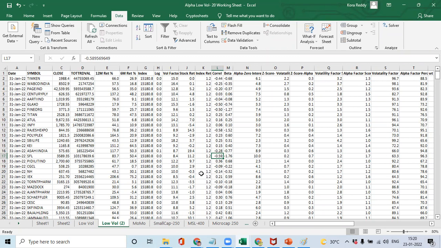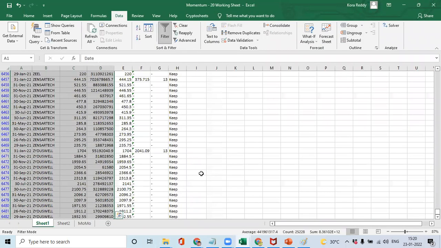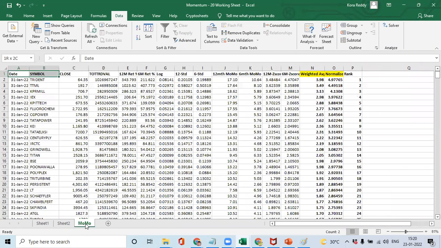Is there any overlap between this one and the momentum? There will be sometimes. Top 20 stocks.